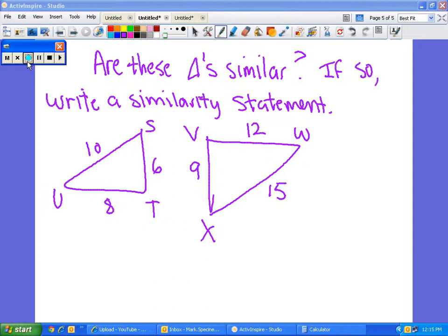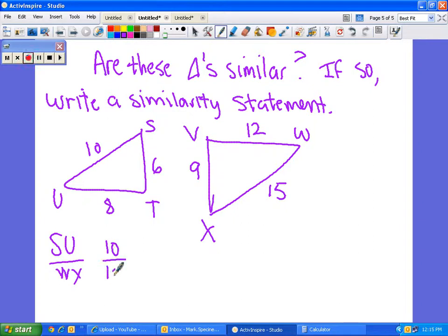Okay, go ahead. I did SU over YX. No, not YX. WX. And I did 10 over 15. And then I divided it by 5. Yeah, I got that.